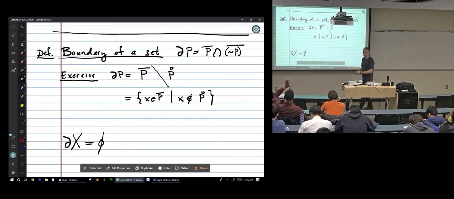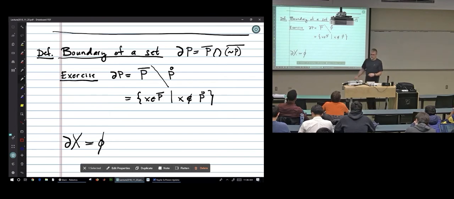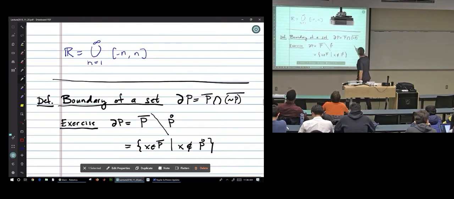Could we just write instead that the boundary is the closure of P intersected with just the complement of P, not necessarily the closure of the complement? Does that also work? No, because the question was, do I need the closure on this second part?